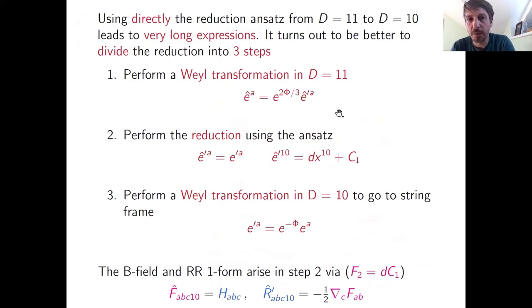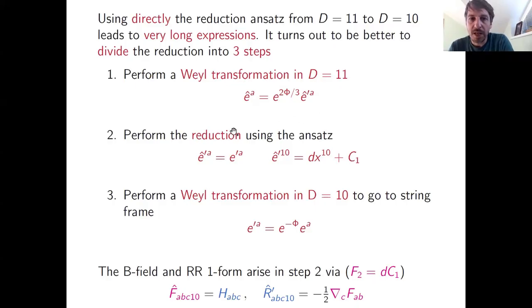In the first step, we perform a Weyl transformation in 11 dimensions, which means we just rescale the metric or the field lines by some factor. Namely, we take e to the 2 phi over 3 and rescale all the field lines by that. So the metric by the square of that.